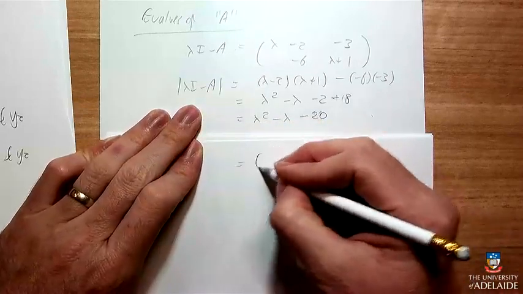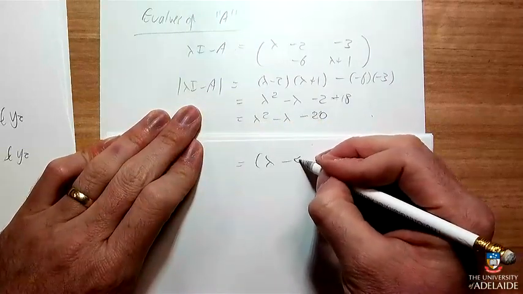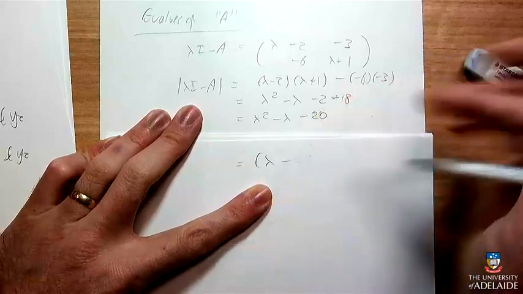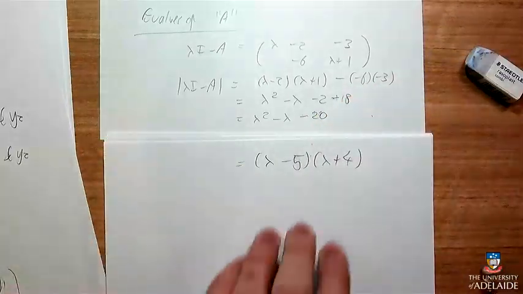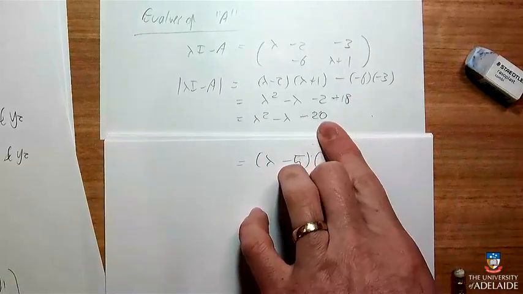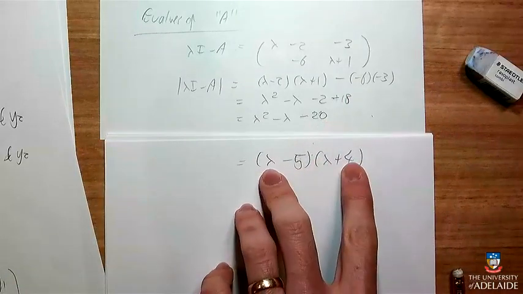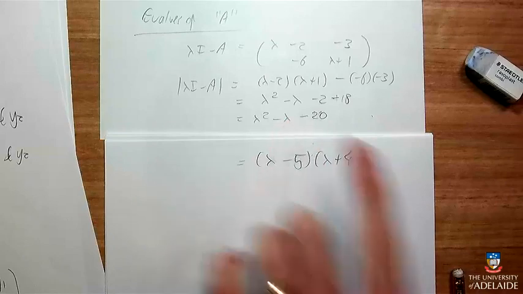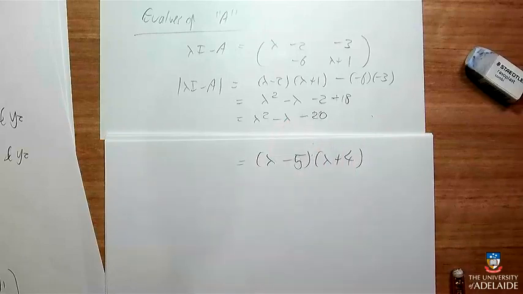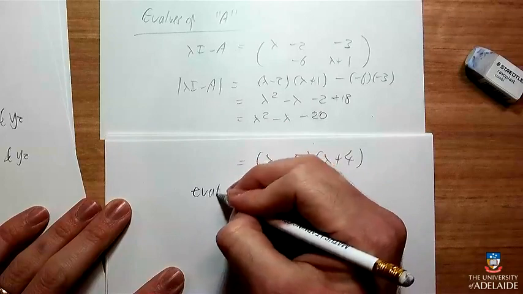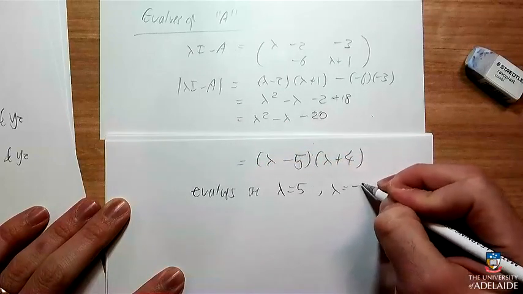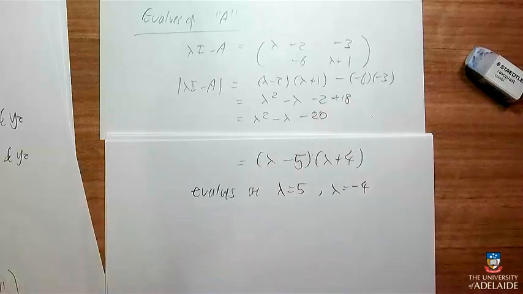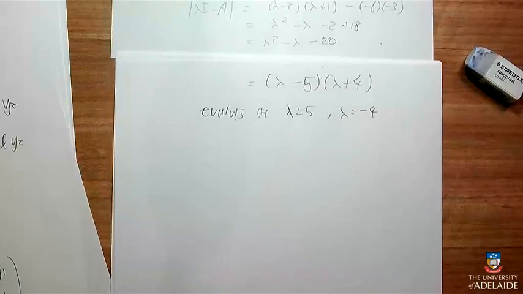So it's going to be this, because if I expand this out, the minus 5 times 4 becomes the minus 20. The lambda times 4 and the lambda times minus 5 becomes the minus lambda. Okay, so my eigenvalues are lambda equals 5 and lambda equals minus 4. I really should have done that the first time, I'm sorry.